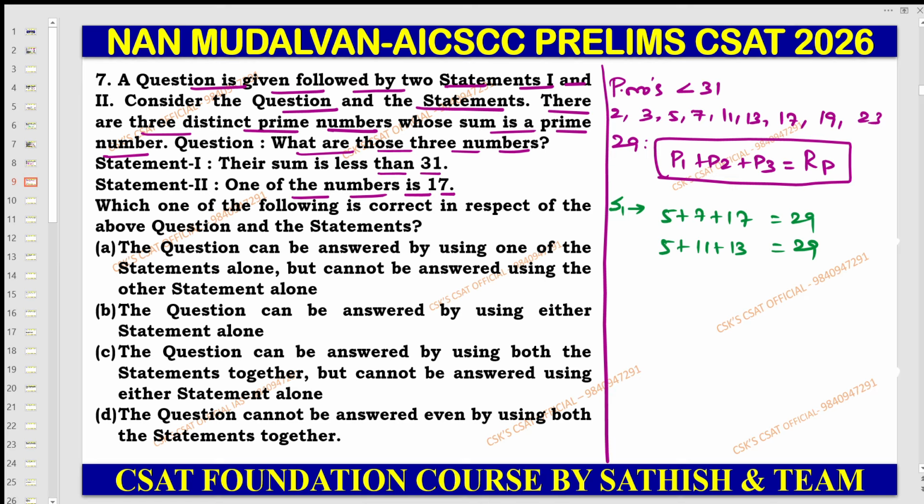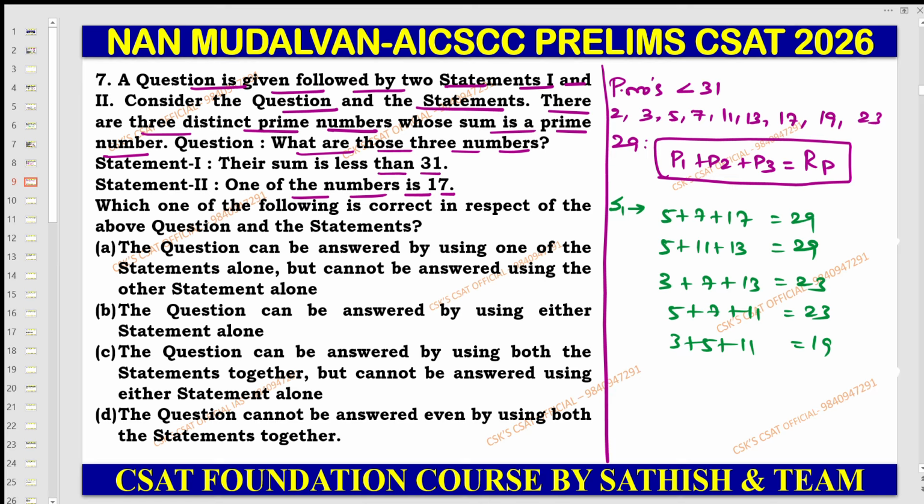Do we get only 29? No. 23 is also possible: 3, 7, 13. 23 another: 5, 7, 11. Then 19 is also possible: 3, 5, 11. Whose sum here is lesser than 31. So 29 comes, 23 also comes, 19 also comes.